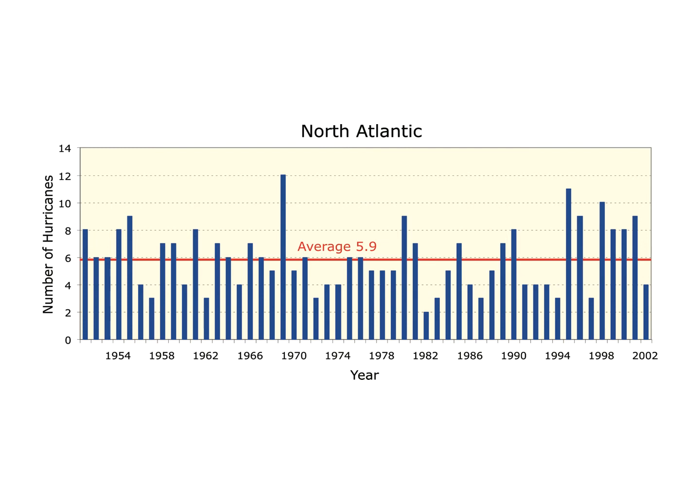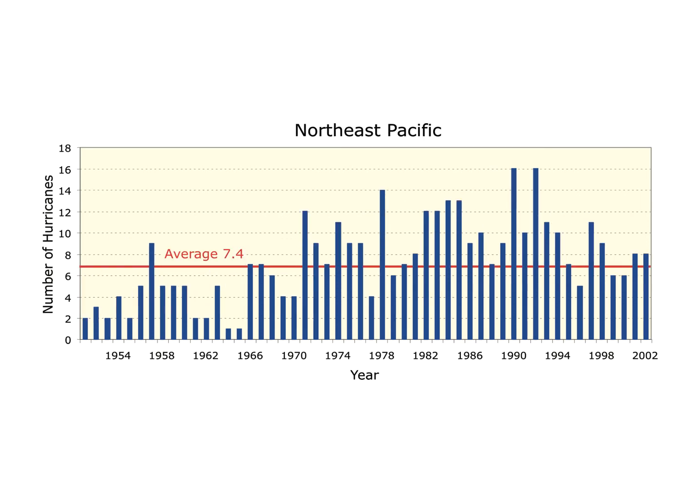The number of hurricanes that occurs in the North Atlantic averages about 5.9, based on data from about 1950 to about 2002. The Northeast Pacific, on the other side of Mexico, has about 7.4 hurricanes per year, and there does seem to be a trend of an increasing number of them, but that may be related to the fact that we just didn't spot them because we didn't have satellite imagery prior to about mid-1965.